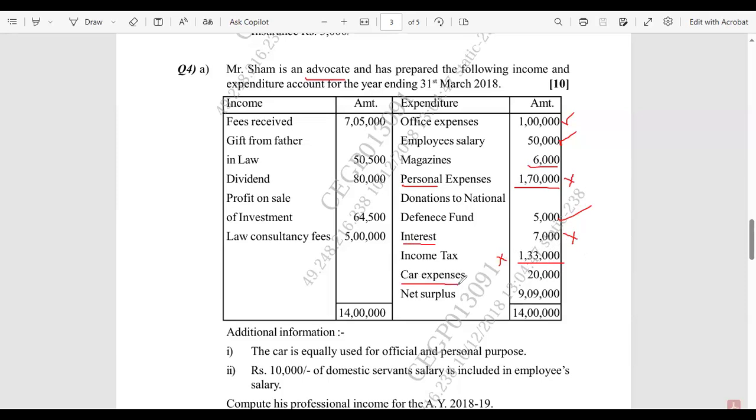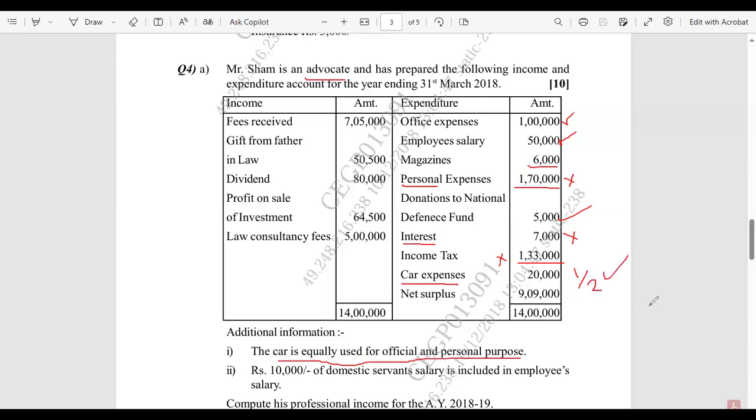The car expenses, it is assumed up to the level of business and individual. For example, it is said the car is equally used for office and personal purpose. It means of the amount of 20,000, only 50%, that is half, is for office purpose.